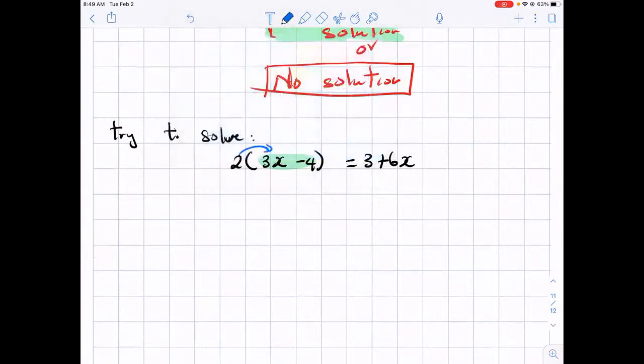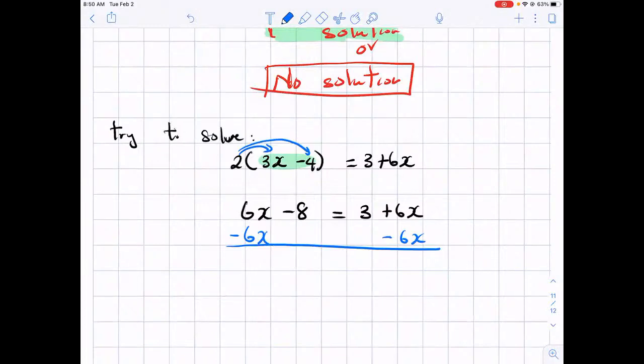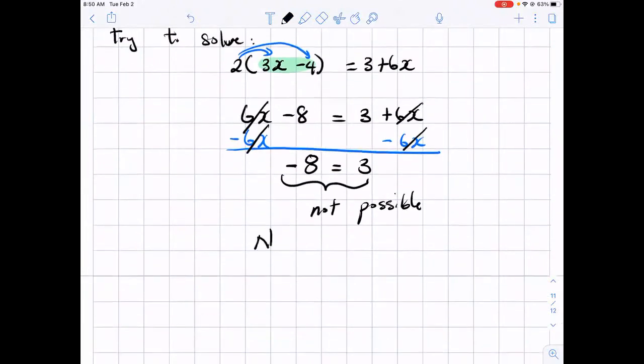If we distribute, we have 6x minus 8 is equal to 3 plus 6x. And now I always move the letters first. It doesn't matter, they're both 6's, so let's minus 6 on both sides. If we do this, this cancels with this. Minus 8 is equal to 3. This also cancels with this. And you will see that this here is not possible. So this problem has no solution.